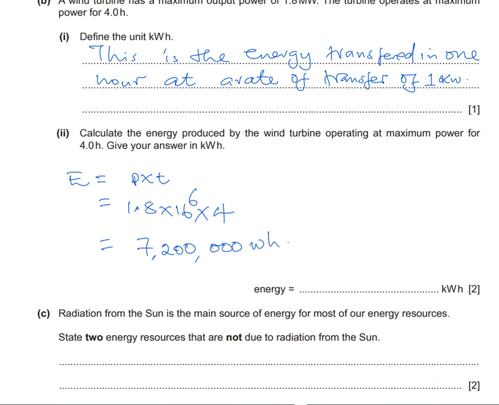But to put it in kilowatt hour, we have 7,200 kilowatt hour. But already it is written there. You might ignore it. So let's go to another number.